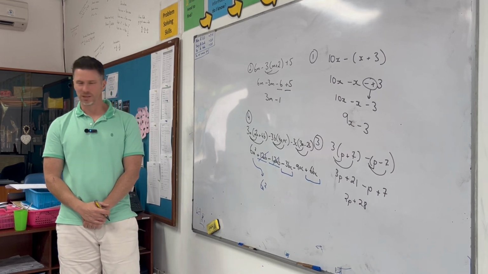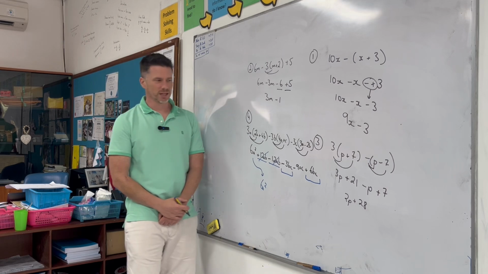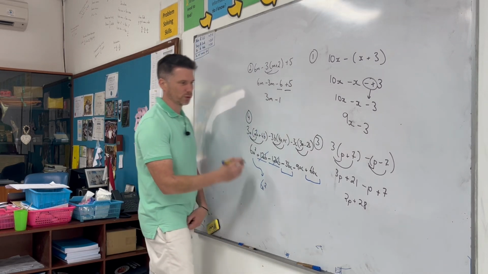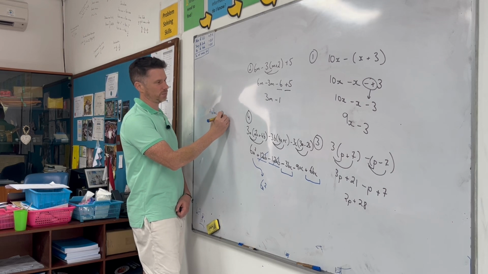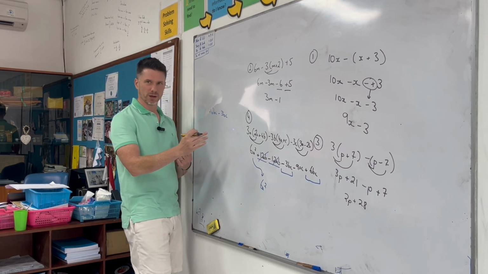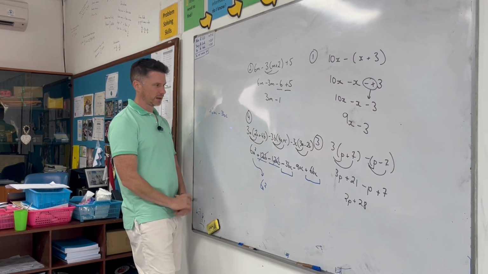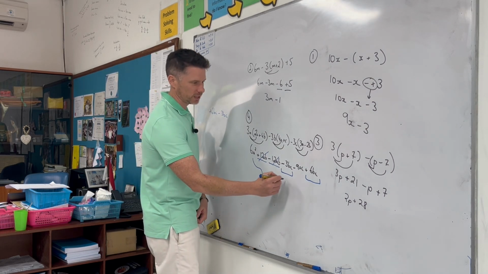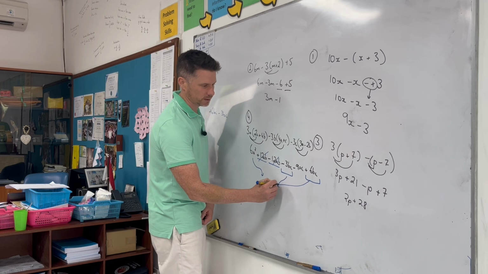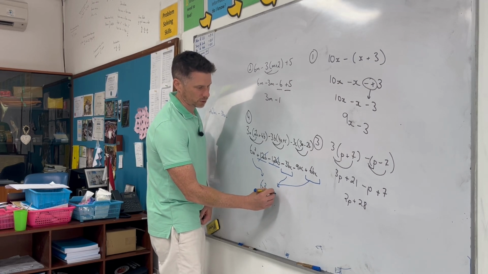Positive 3bc. Quincy's right. You can read that the other way around. If I just wrote that separately, 6bc minus 3bc, keeping the signs the same, I would say I have 3bc's. So these two combined to give 3bc.